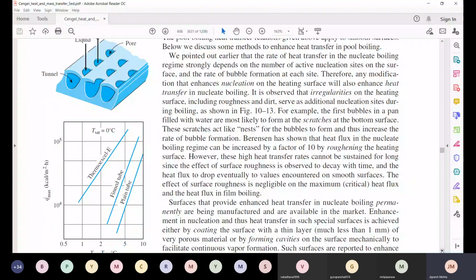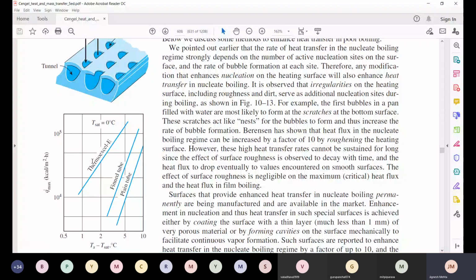And there is one example given here. A particular material, Thermo XLE, has been developed by some company, and it is claimed that at the same temperature difference you get higher heat fluxes as compared to the plain tube or even finned tube.